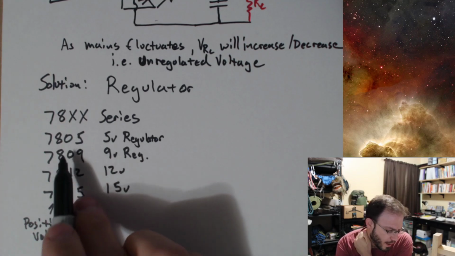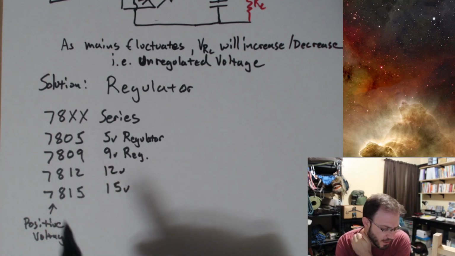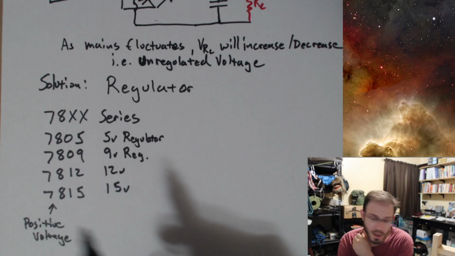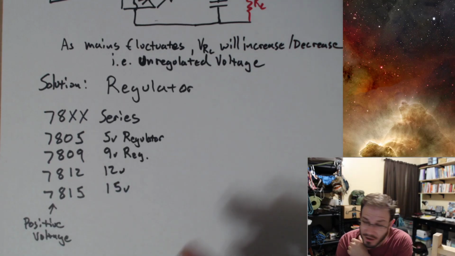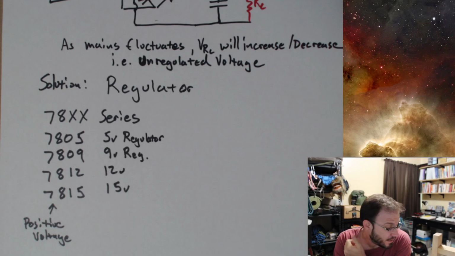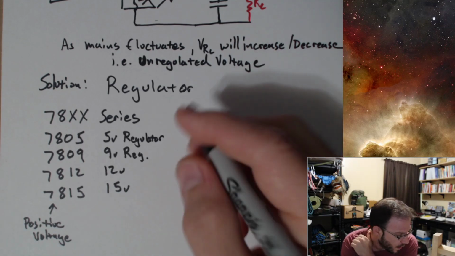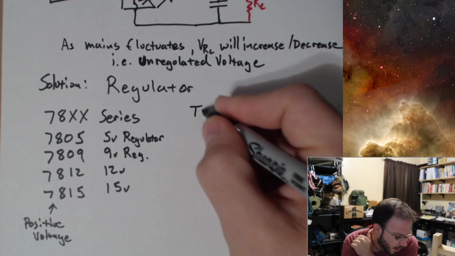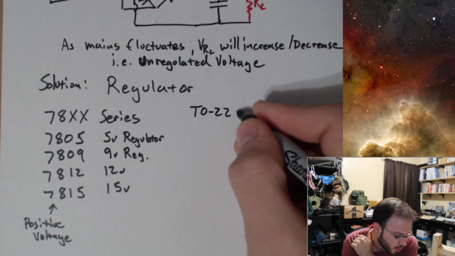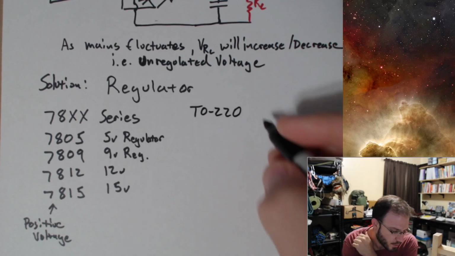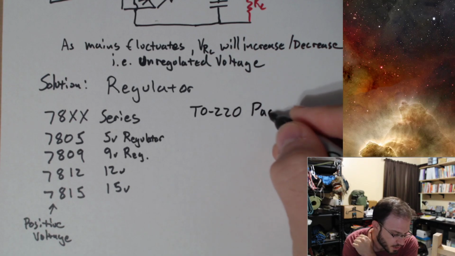Now, when you purchase one of these 7805s, 7809s, etc., it's going to come in a package. It could come in many different packages, but we're going to go with the very common TO220. This refers to the package.